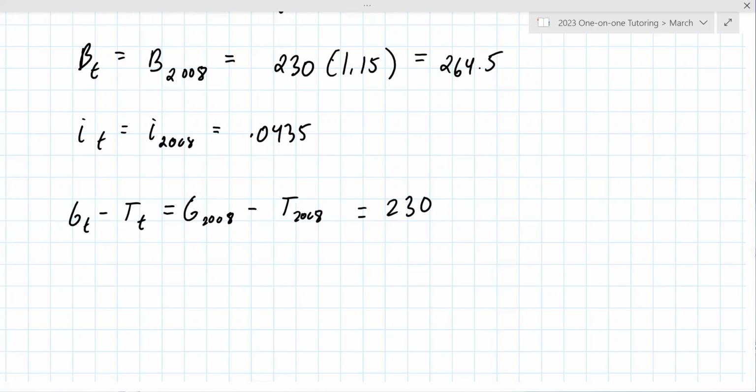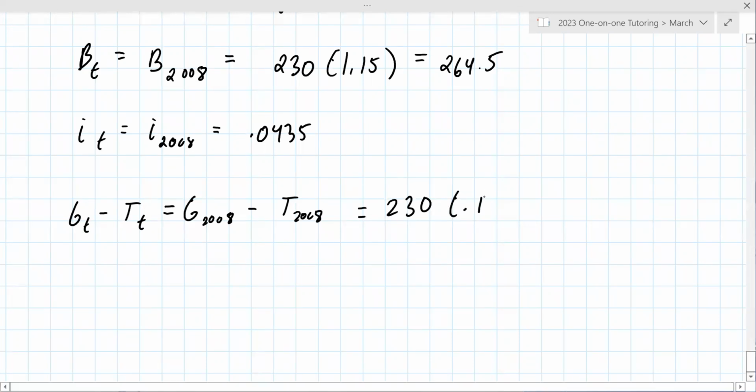And then they're multiplying it by 0.1. Why? Oh, because they increased their primary deficit to 10%. Yeah. Okay, so that's the GDP. Got it. So that ends up being 23.